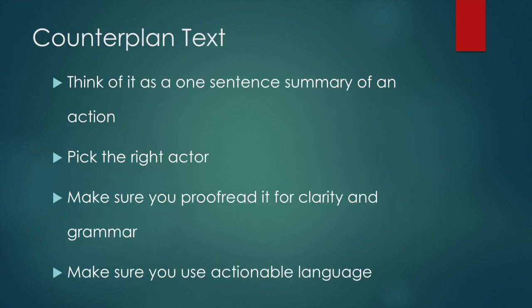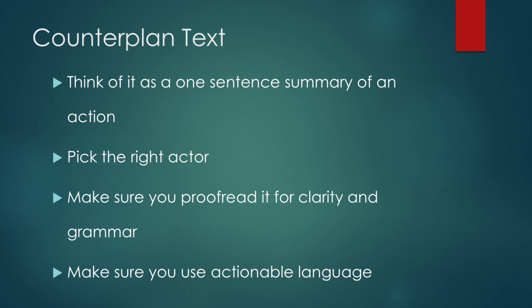So to start talking about these in detail, we're going to look at the counterplan text. So the counterplan text is typically a one-sentence summary of an action. Sometimes they're a little longer. Sometimes you might see them in multiple parts, but generally speaking, a counterplan text is just a brief one-sentence description.